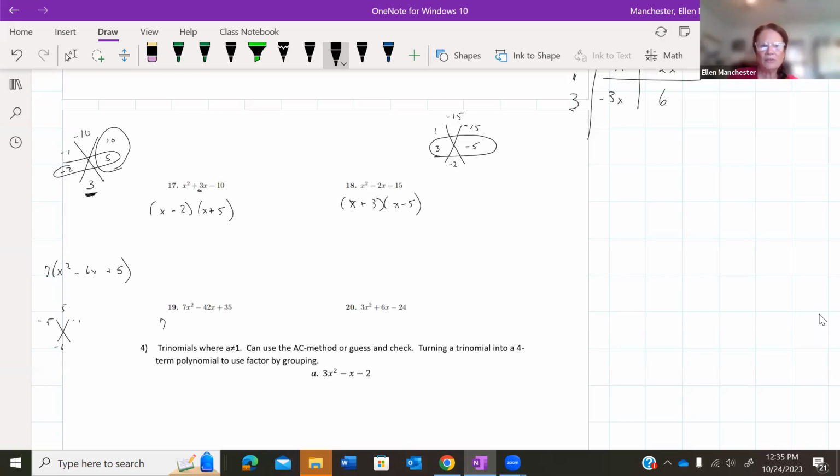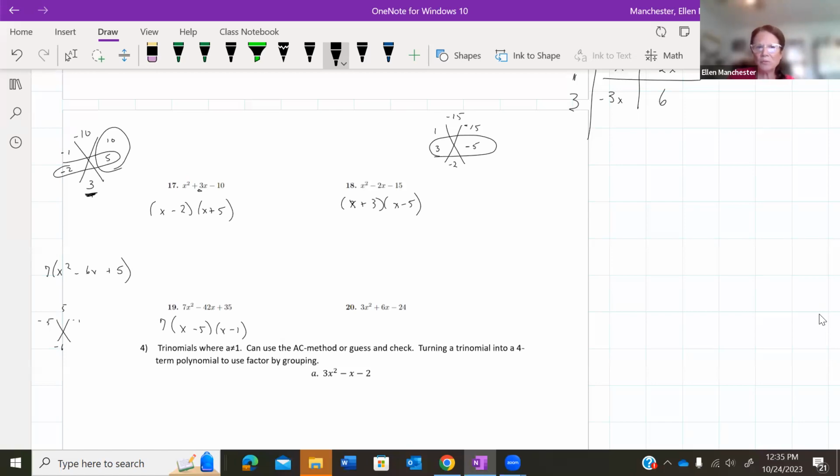So for this one, it's 7 times x minus 5, x minus 1, because I multiply to get positive 5, I add to get a negative 6. Well, the only way to get a positive 5 is they're both negative. The only way to get a negative 6 is negative 5 plus a negative 1. So this one has 3 parts to it, but they're all factors. 7 times x minus 5 times x minus 1.